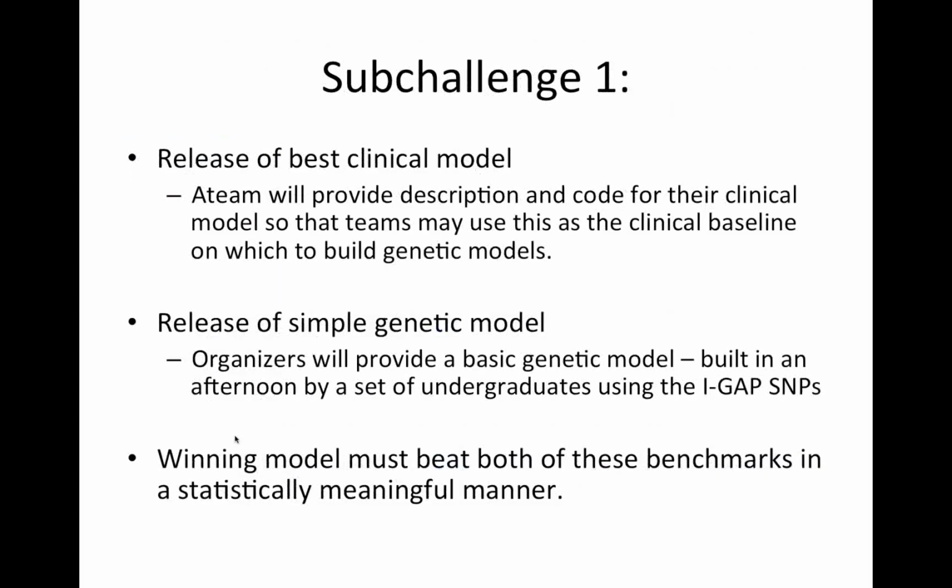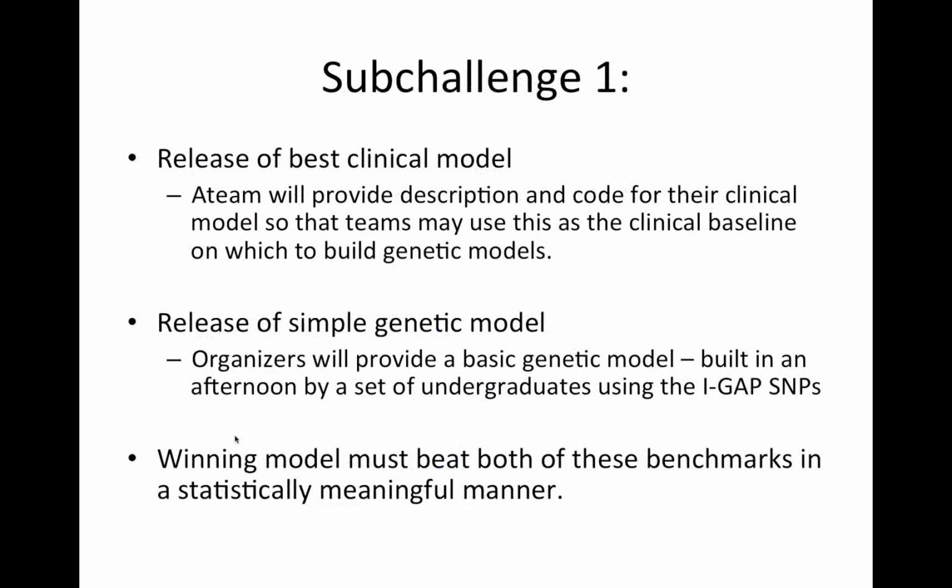And as such, we are going to require that in order to win, a model needs to beat two benchmarks in a statistically meaningful manner. One is the best clinical model as provided by the A-team. And the second is a very simple genetic model that we will be providing, which builds on top of that clinical model by including just a couple of the genotypes in the IGAP SNPs.